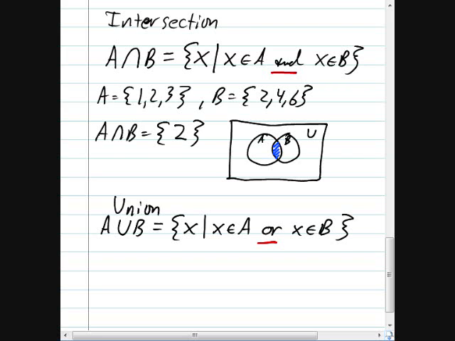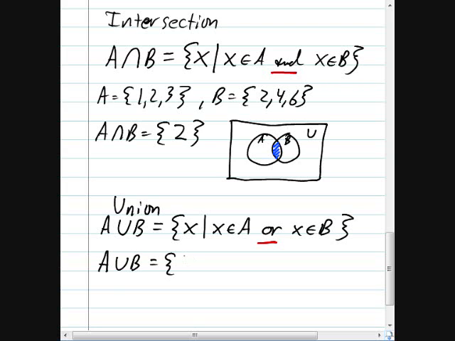Oftentimes people read the intersection as and, A and B, and the union as or, A or B. When we say that x is in A or x is in B, we mean that an element x is listed in the union if it can be found in either set, the set A or the set B, or both for that matter.